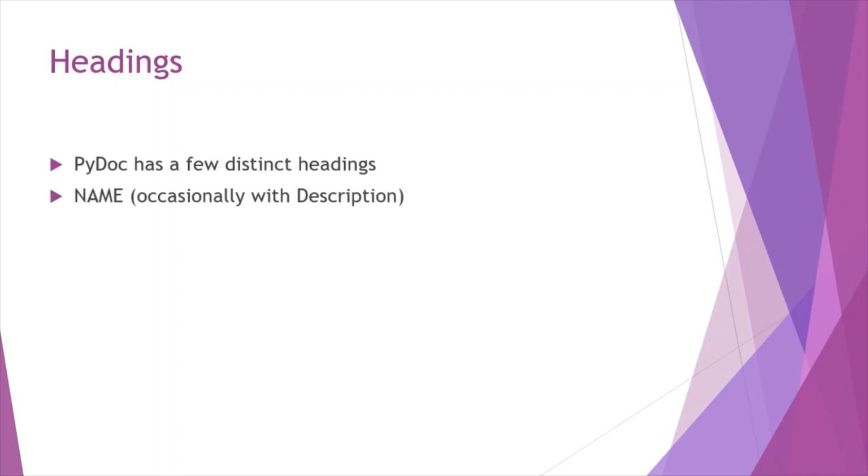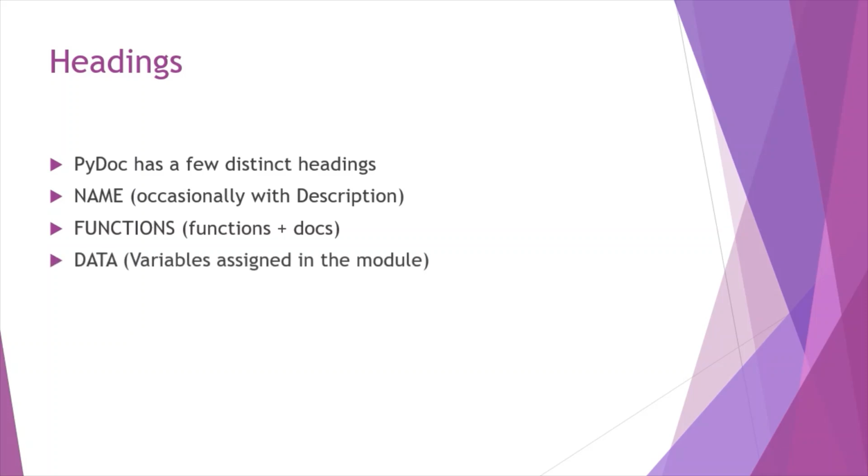So a little bit about the headings and how we give them to PyDoc. It has a few distinct headings that we have to set. Name, occasionally with the description as well. Functions is basically your functions and your documentation. If you don't provide documentation, the functions will just give you a list of functions.